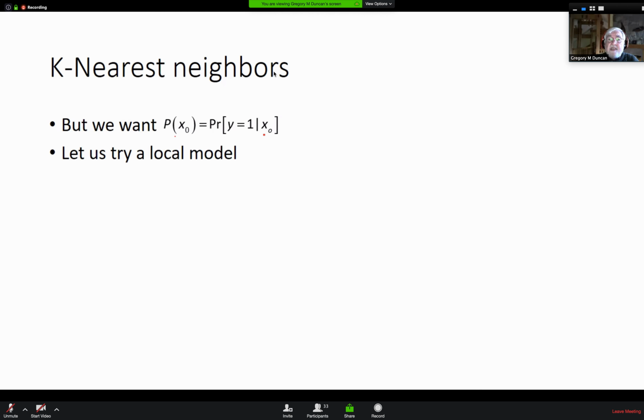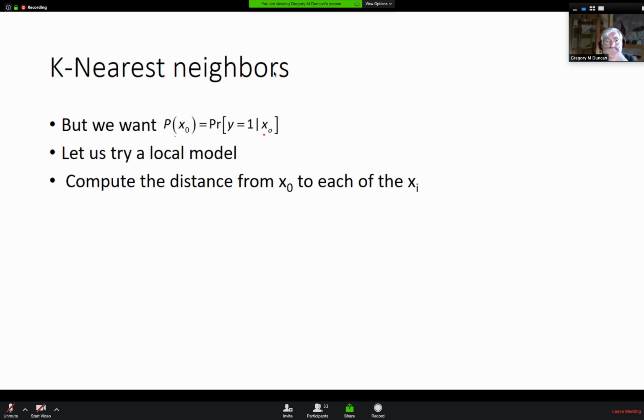given x's, what's your probability of buying a big screen TV. And so what we're going to do here is we're going to try a local model. We just talked about local models, and here's an application. Okay. Now this is a different kind of local model, but it has the same flavor.